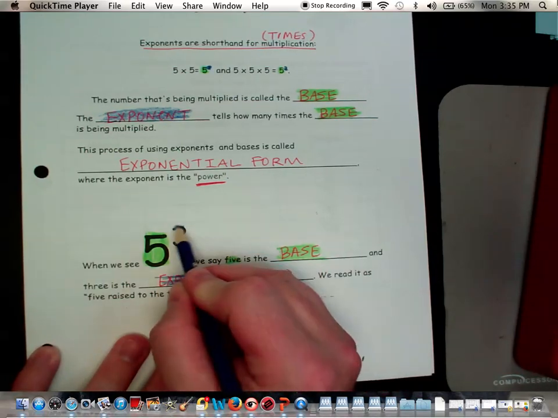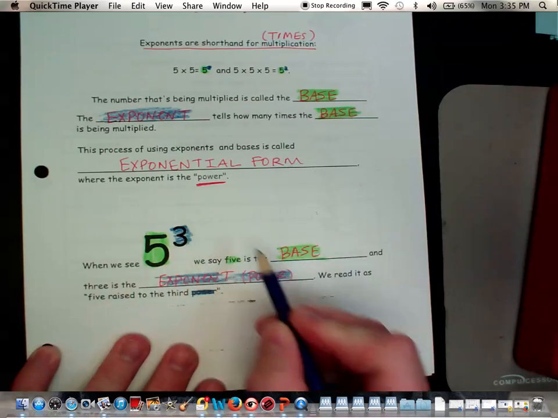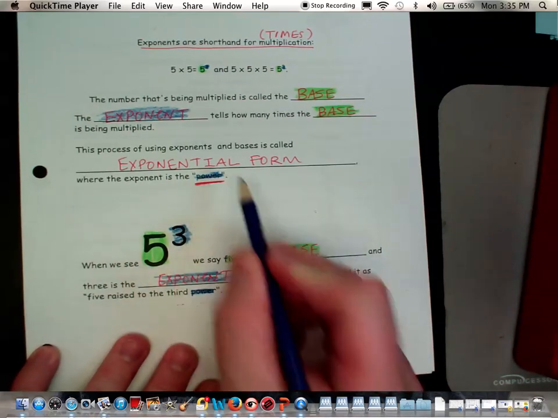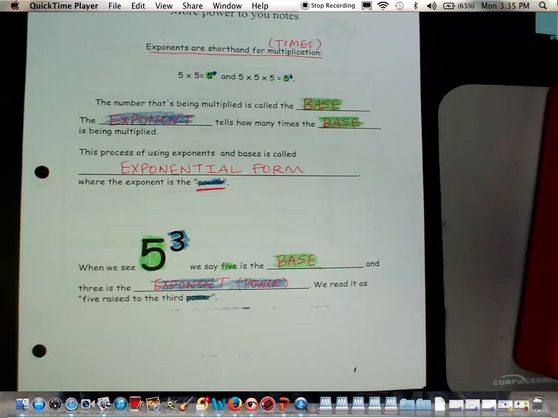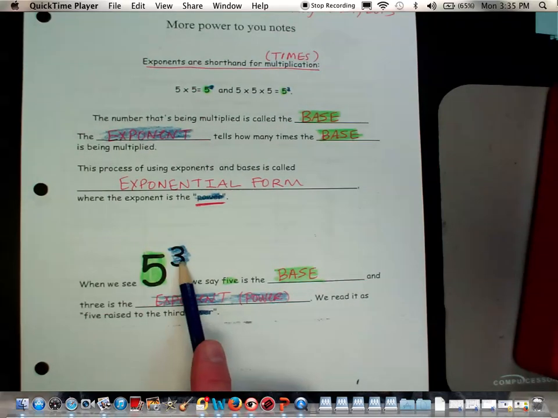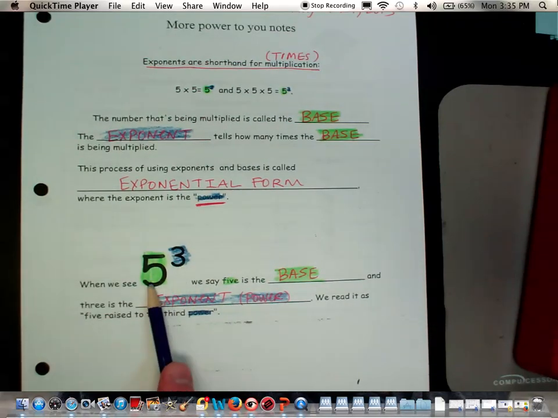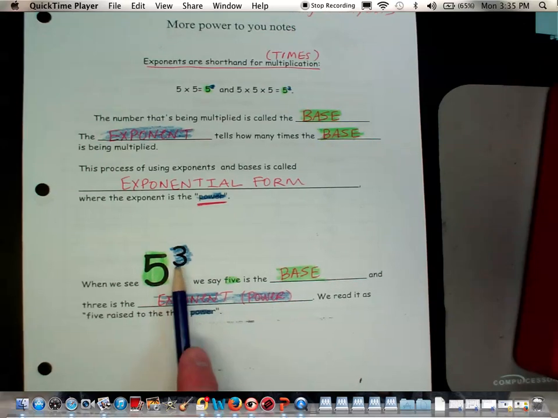I'm going to color in that word power up there too. So wherever I have this is called your exponent or your power, and this is your base. So we say the big number is 5, and the exponent, which is 3, we call the power. So we call this 5 raised to the 3rd power.